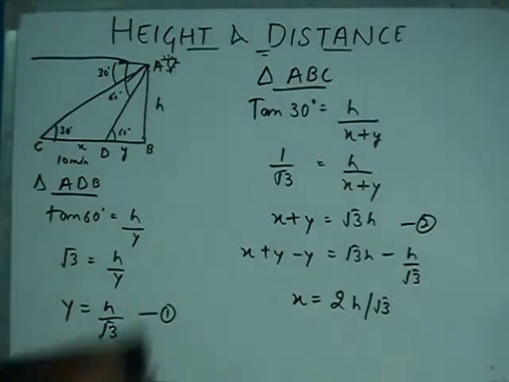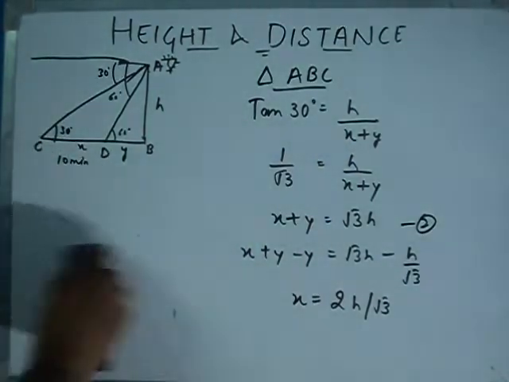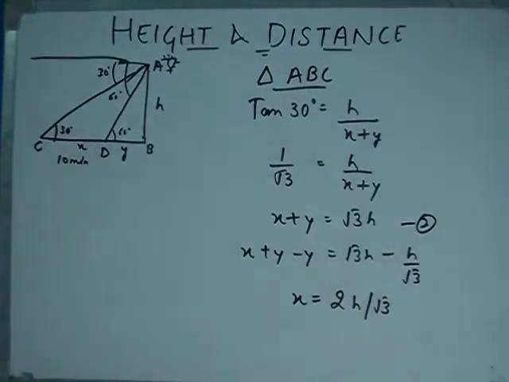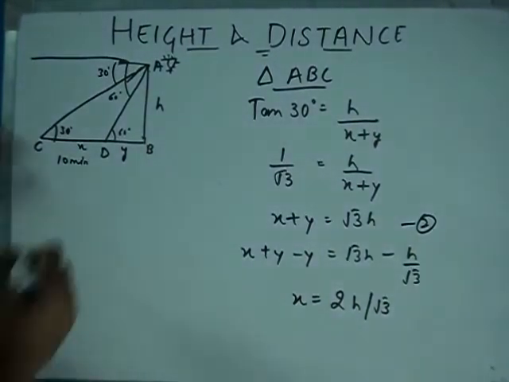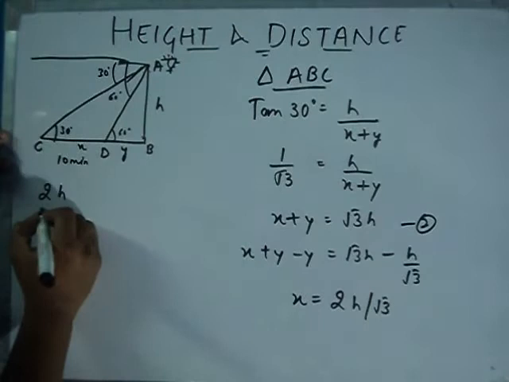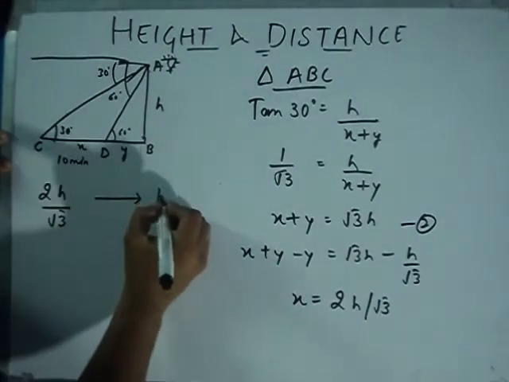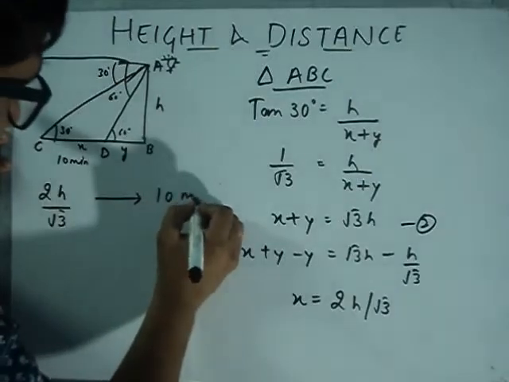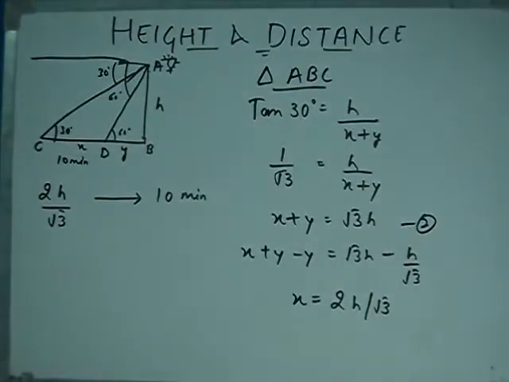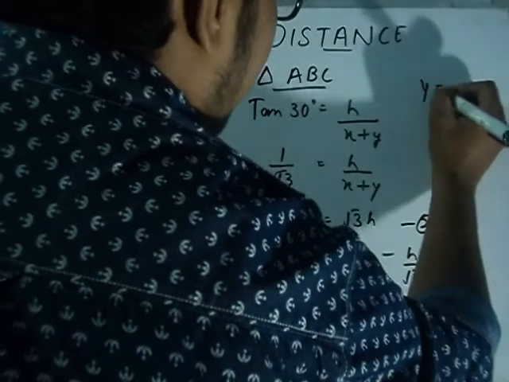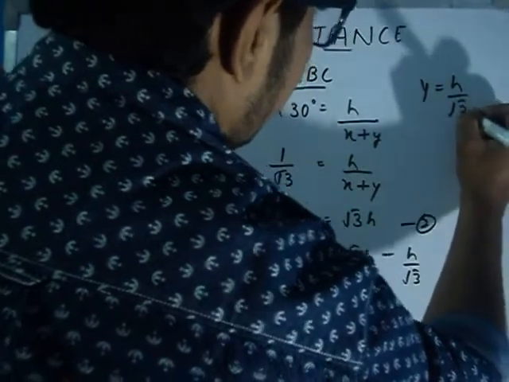Now I am going to discuss further steps: he is traveling this much distance in 10 minutes. As previously, we get y as h by root 3.